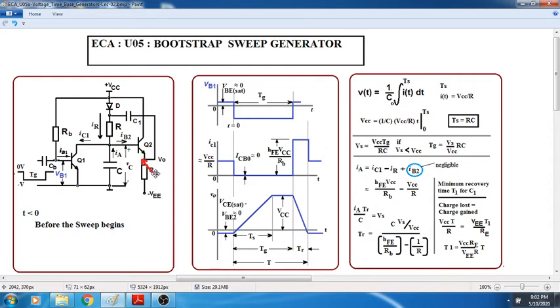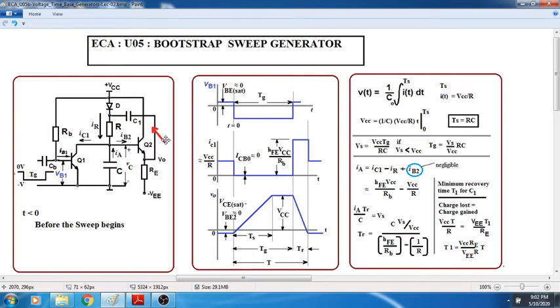So what do we conclude from this? We conclude that before the gate becomes negative, that means before the capacitor is allowed to start charging, we observe that this C1 is holding a voltage of VCC across it, which is technically across R. So across this resistor R, before the sweep begins, before the trace begins, the voltage across this resistor is technically equal to VCC, and the diode will be almost ready to become reverse biased.